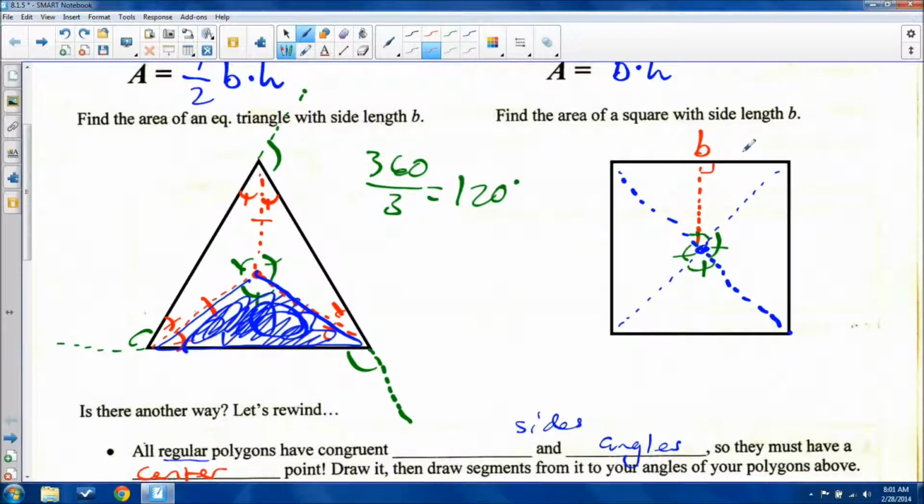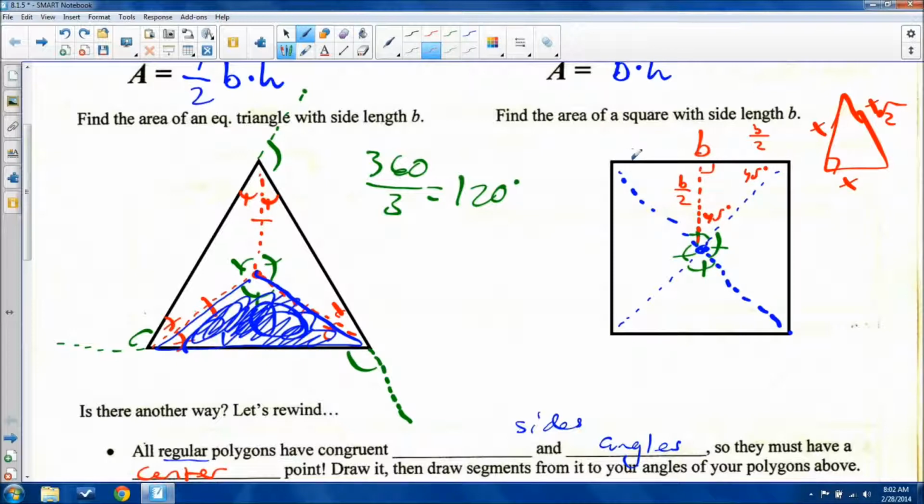Because this divides into b over 2, so this is b over 2. And by the way, this is a 45, 45, 90 triangle, if you want to talk about those yet, where in a 45, 45, 90, if this is x and x, this is x times the square root of 2. Things that we're going to have to do a lot more trigonometry again, getting back into it. But anyway, this height is b over 2.